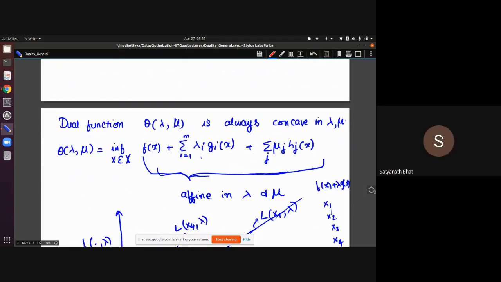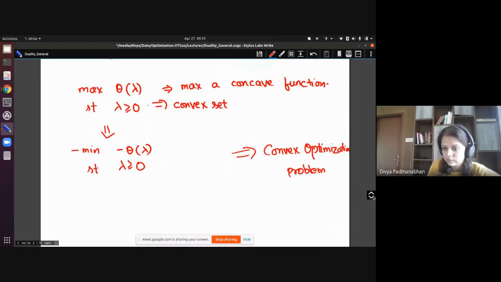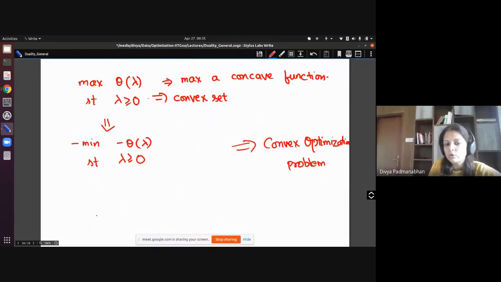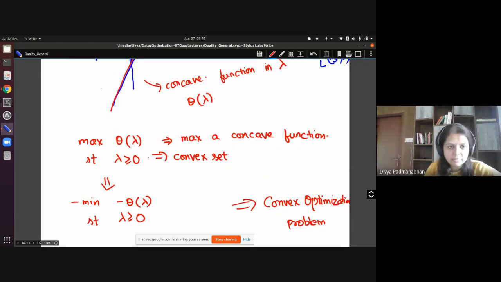Yes. So if you take max and then you try to take its dual, then you will get supremum. One thing you can do is, if you have max of f of x, you could convert it to a minimization problem, and then you could do the same steps in the same manner, like negative of min of this.